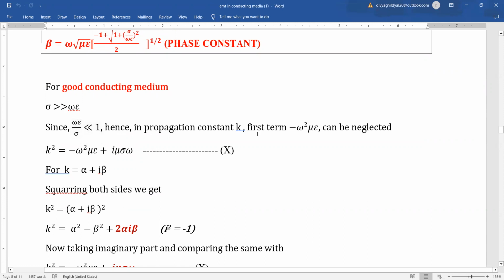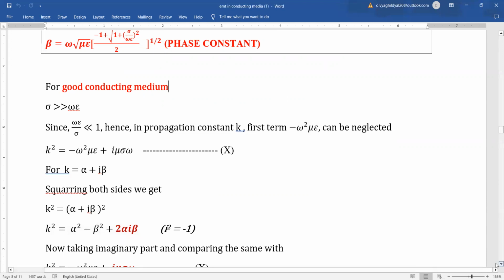Hence, in propagation constant K, we can neglect this term because this will be very small in value. So, for K equal to alpha plus i beta, if we square on both the sides, we get K square is equal to alpha square minus beta square plus 2 alpha i beta.